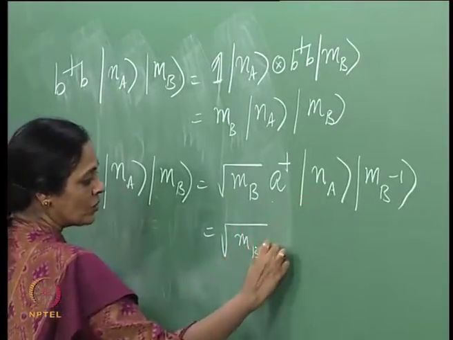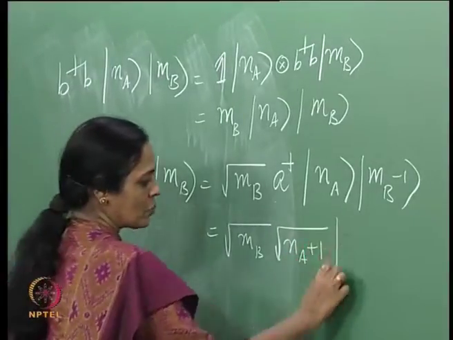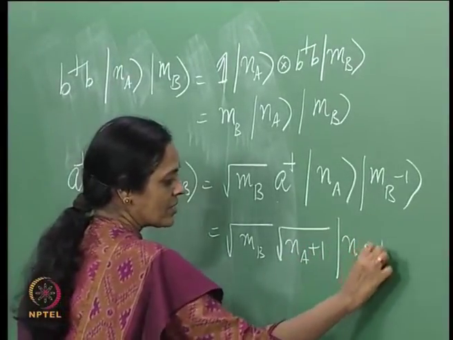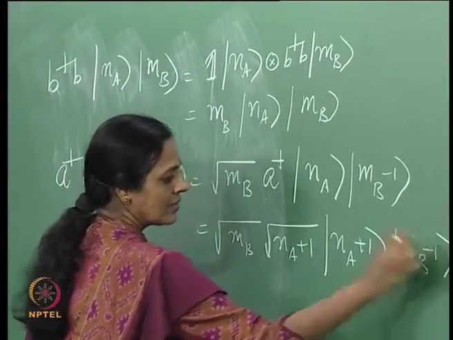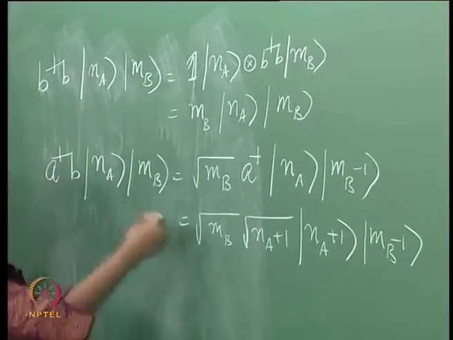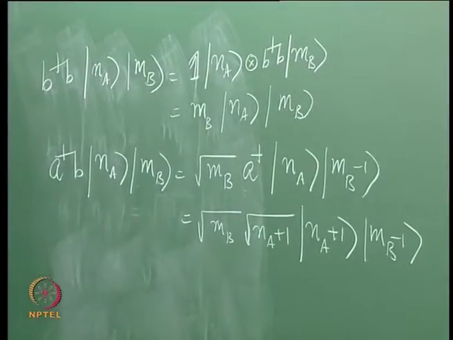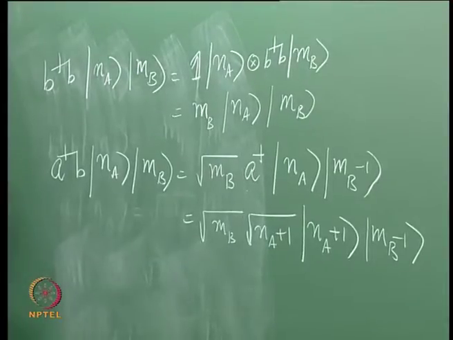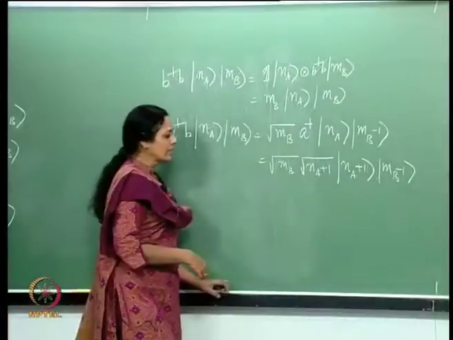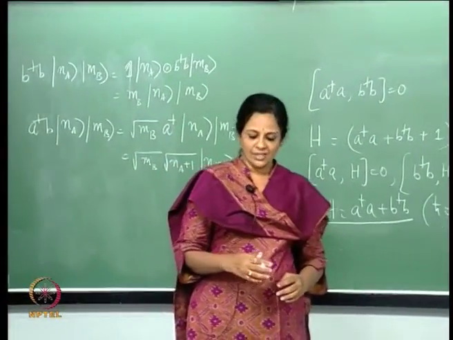When A dagger acts on the state Na, it pulls out a value root of Na plus 1, raises the state label by 1, leaving the system B untouched. So, this is the net effect of the operation of A dagger B on the state Na Mb. Similarly, we can work out the action of various operators on these states.